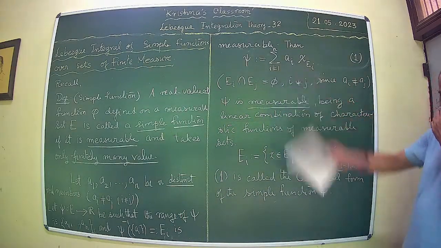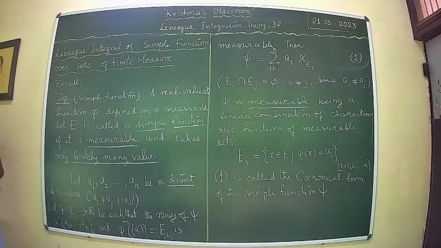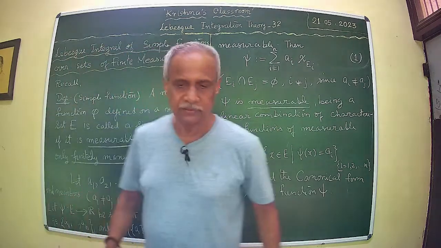Now you see there are other representations possible as we shall see. Okay, but this is what you call the canonical representation.